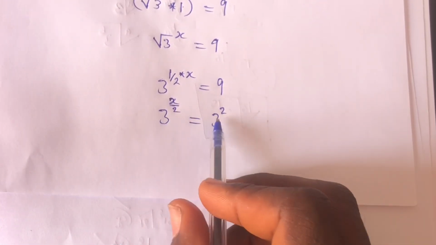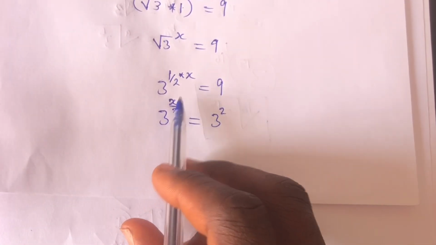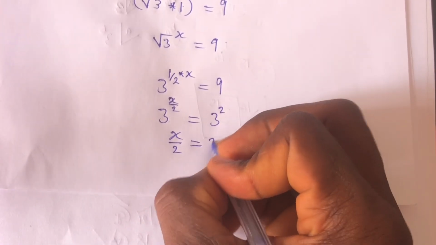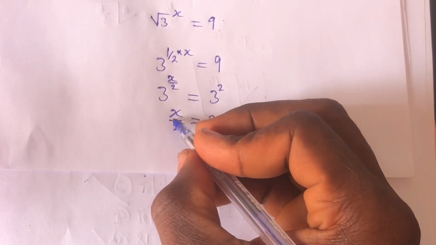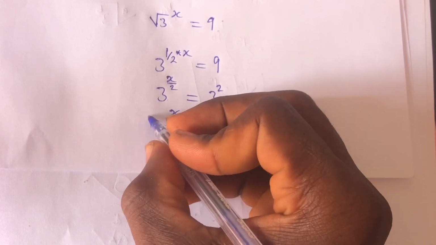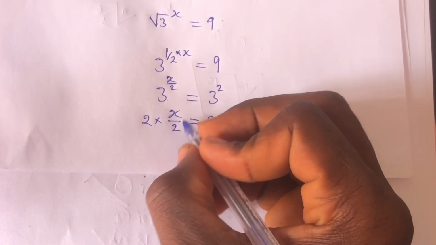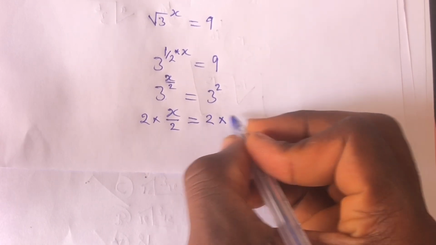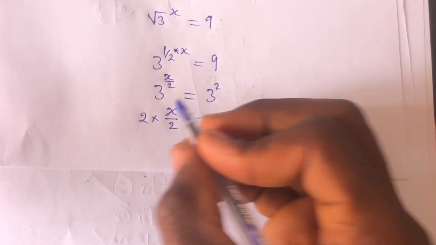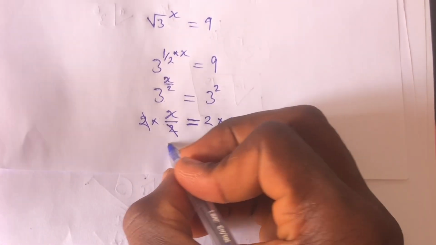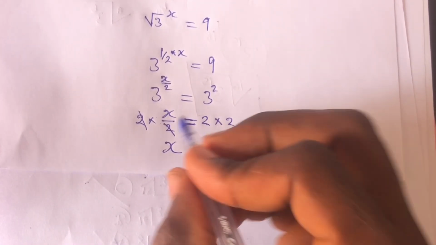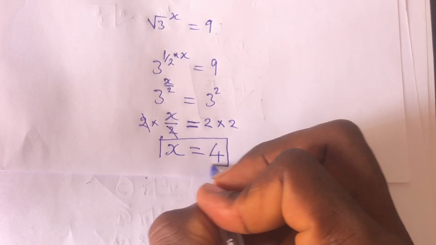And since the two bases are the same, we can say that x over 2 is equal to 2. This implies that if we multiply both sides by 2, so that we can cancel out here, 2 times x over 2 is equal to 2 times 2. Because what you do to this side, you do to this side also because of the equal sign. So we find out that x is equal to 2 times 2, which is 4. x is equal to 4.